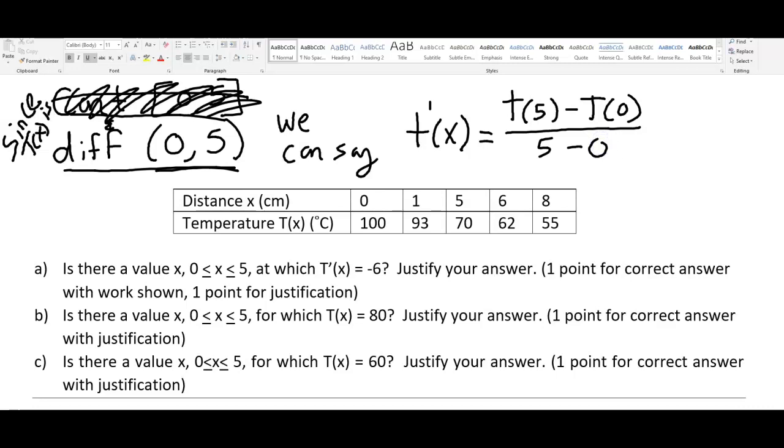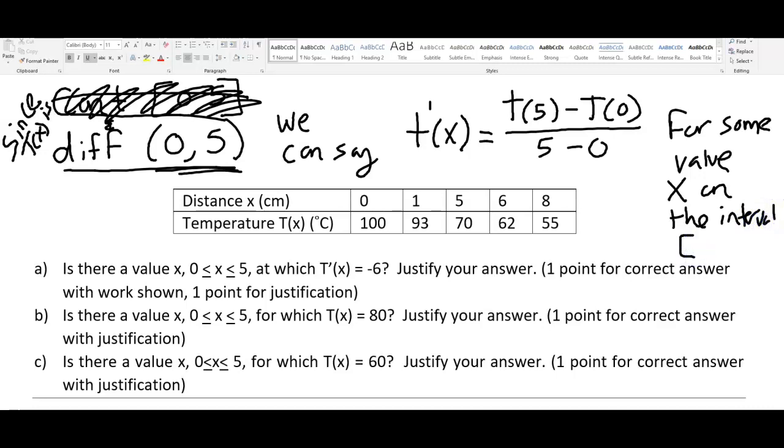Okay? So since T of x is differentiable on the interval from 0 to 5, we could say T prime of x equals this for some value of x on the interval, and we just need open brackets here. So there we go.